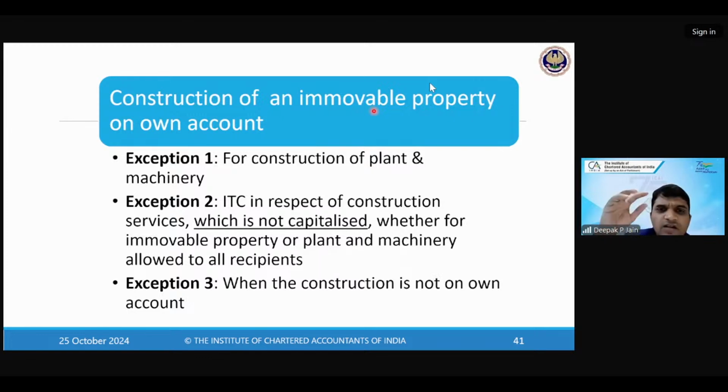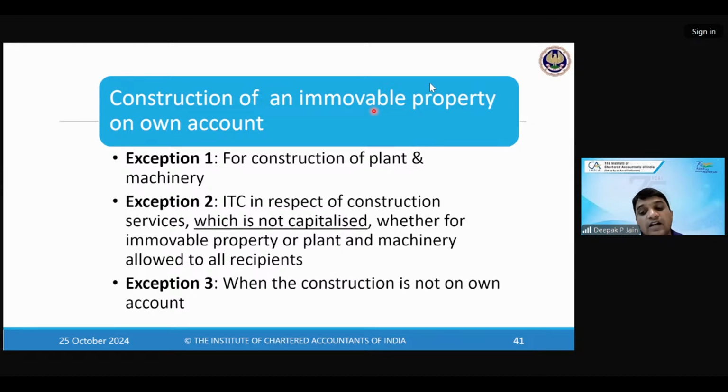What are the exceptions? Again, if you're constructing plant and machinery, then you can claim the credit. Or ITC in respect of construction services which is not capitalized. Again, some expenses which you're doing, credit is available.